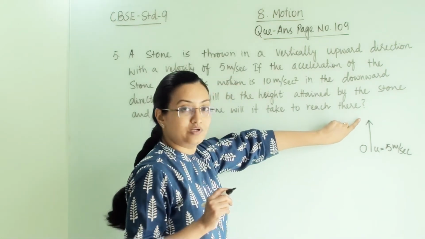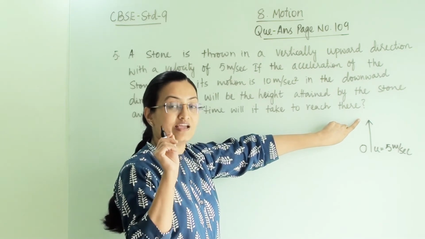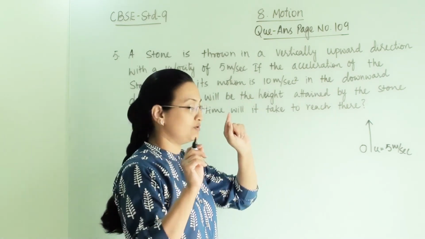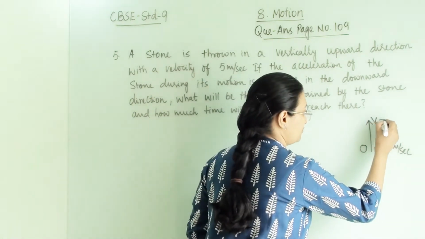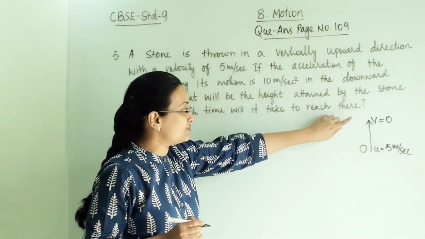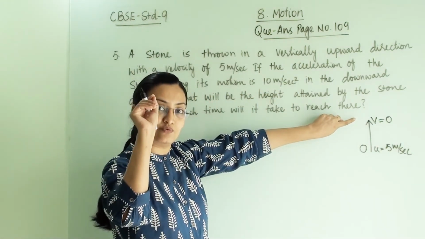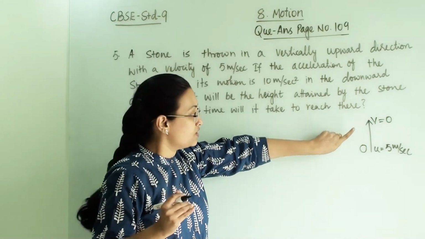So that will be its final velocity, and that final velocity will be 0. So v equals 0 because it will stop there for a fraction of a second and then come down.